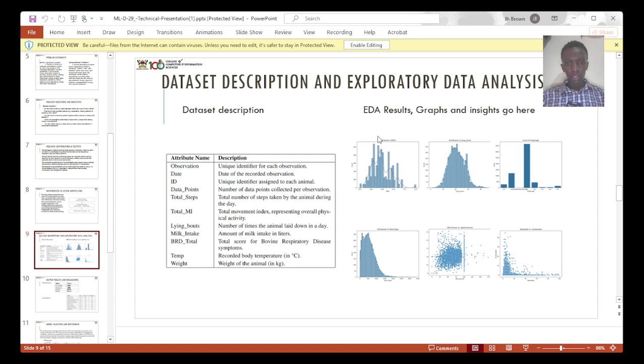And here, in the exploratory data analysis, we have histograms, bar graphs, and scatter plots.